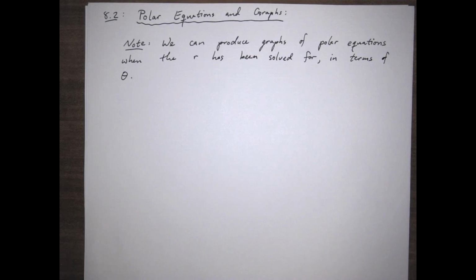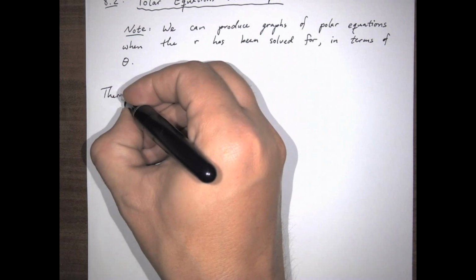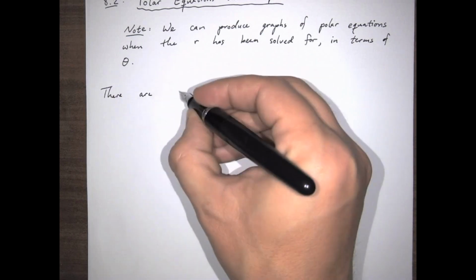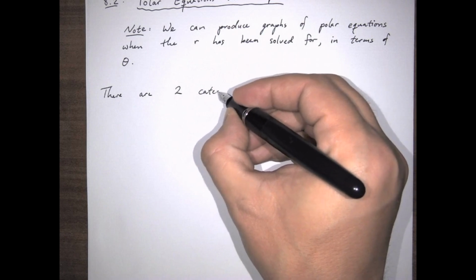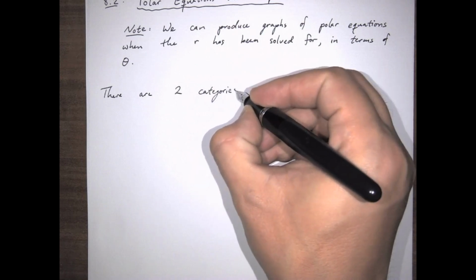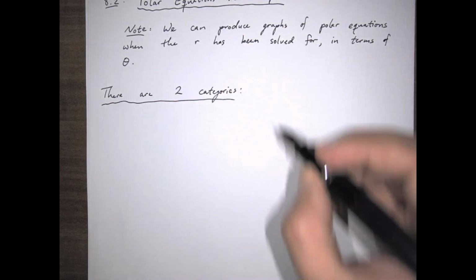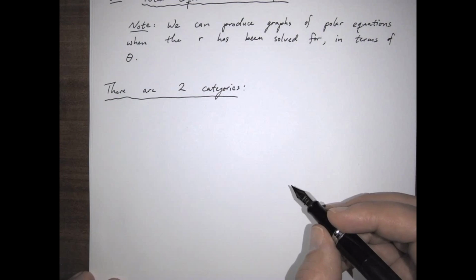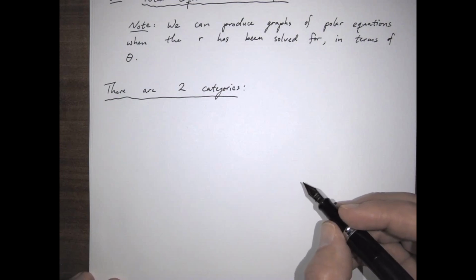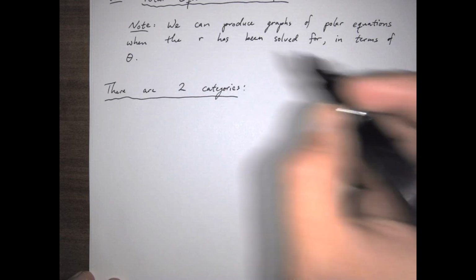All right, so there are two main categories here. There are a very small number of equations which are given in polar form, but actually are easier to understand by converting them into rectangular form.